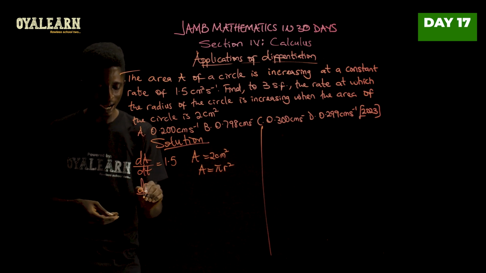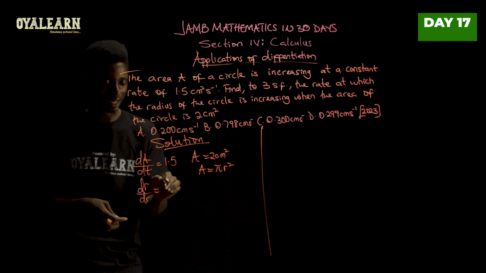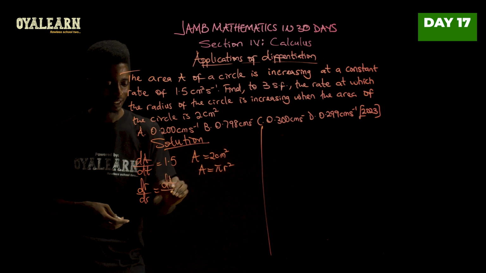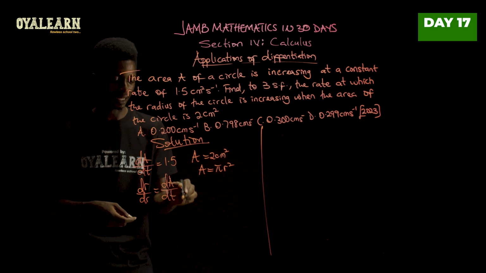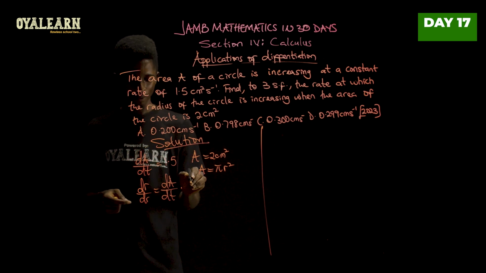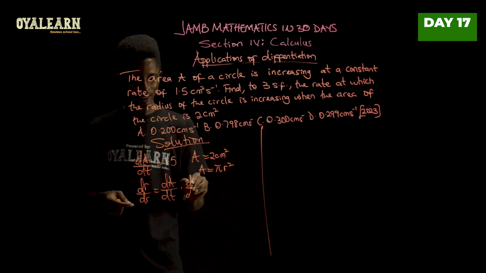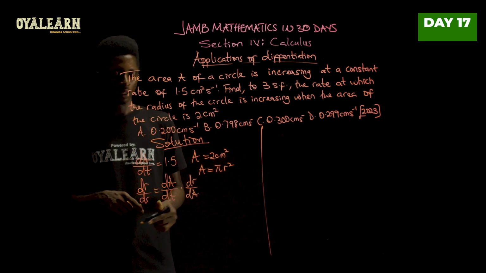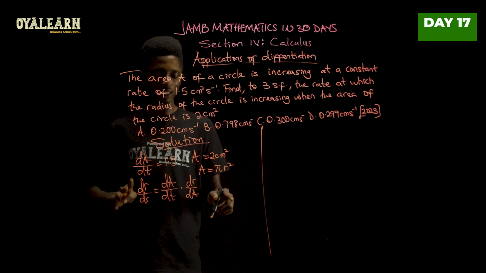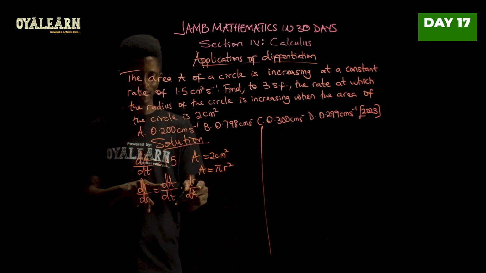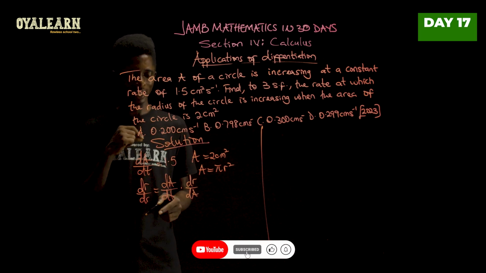So to find dr/dt, we have to apply dA/dt multiplied by dr/dA. If you look closely here, nothing is really changing. It's just dr/dt, since the dA will cancel the dA here.